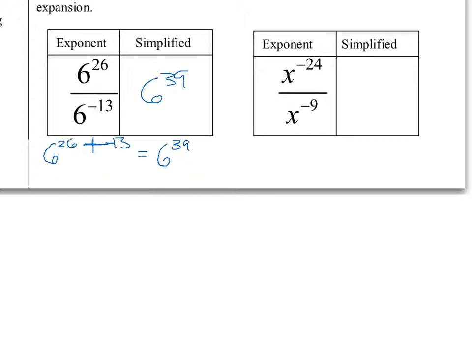Next one, again, I see a division, so I know I'm going to do subtraction, top minus bottom, negative 24 minus negative 9. Leave, change, switch, in this case gives me, again, a positive plus sign. But here I have different sign, subtract.